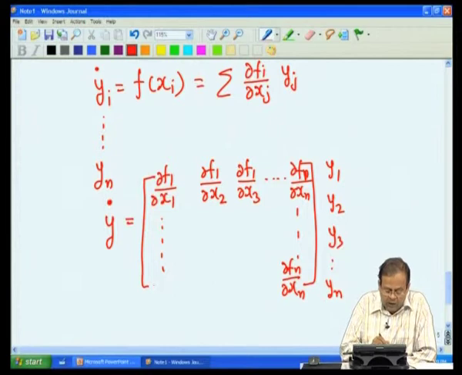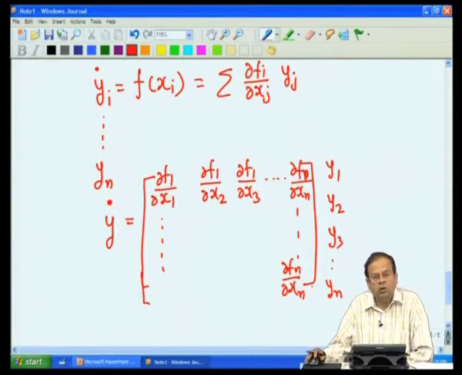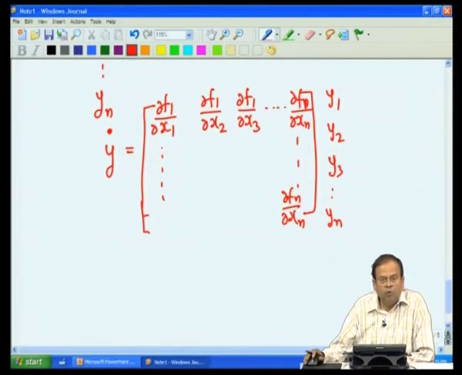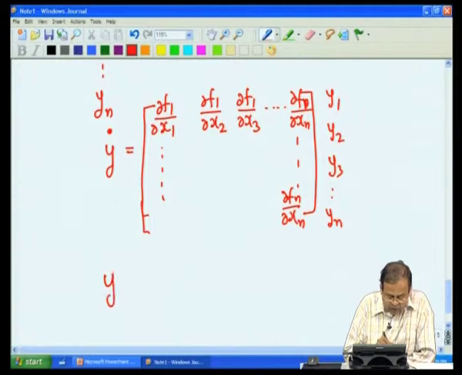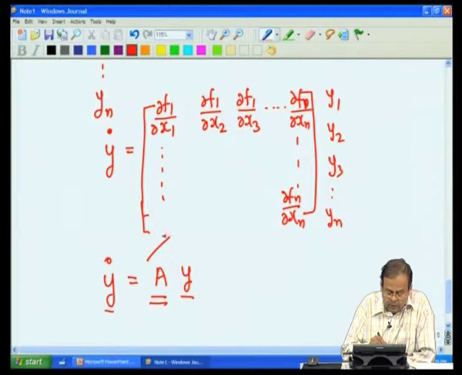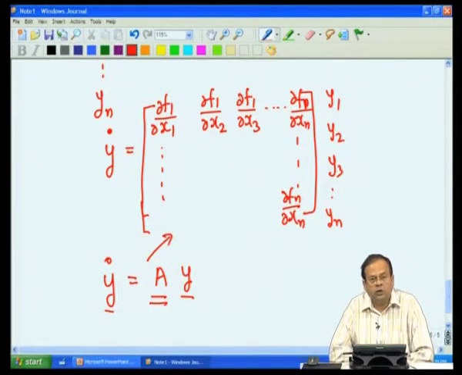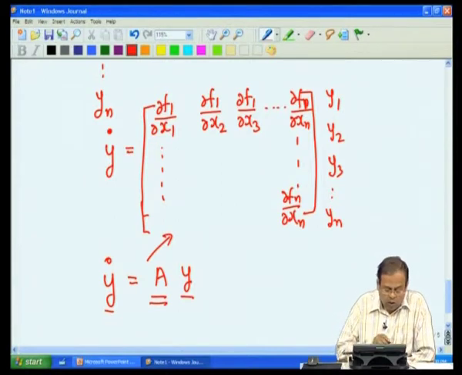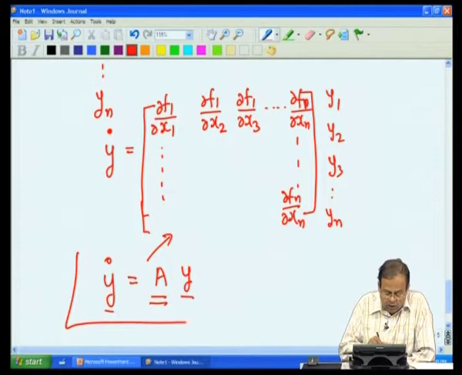Okay. So, I will have all these terms, which now I can write in a more compact form as y dot equal to A of y, where A is my Jacobian matrix del f 1 del x 1, del f 1 del x 2, del f 1 del x 3 and so on and so forth.